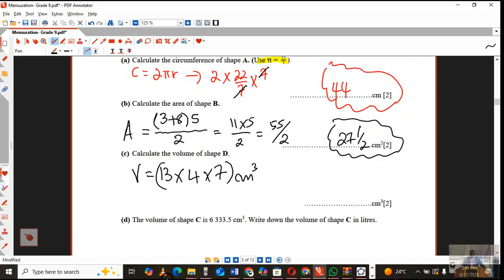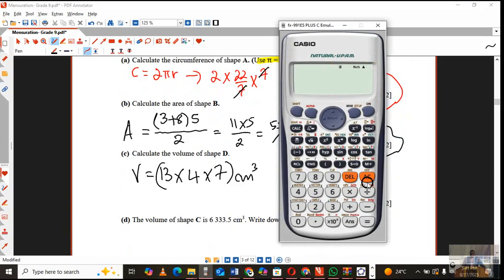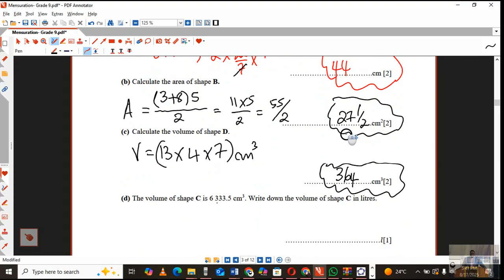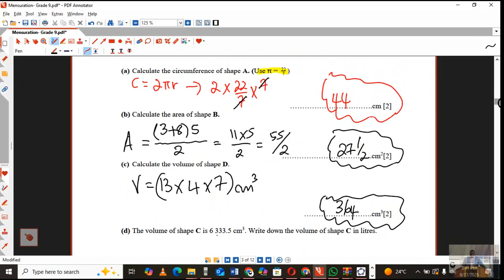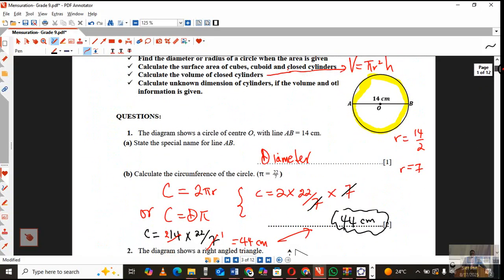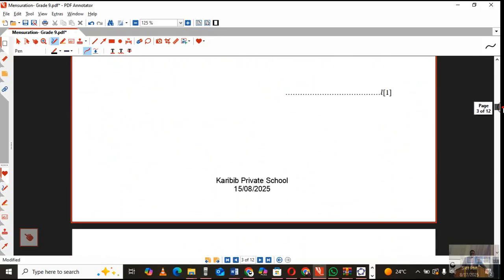You can just grab your calculator. That's 13 times 28, 28 being 4 times 7, which gives 364. The correct answer here is 364. Now, I know I might look like I'm rushing through the stuff. I gave this so I expected the learners to be working them out. This officially becomes the answers, and then they can compare and see. Of course, you also have the liberty of pausing and so on.